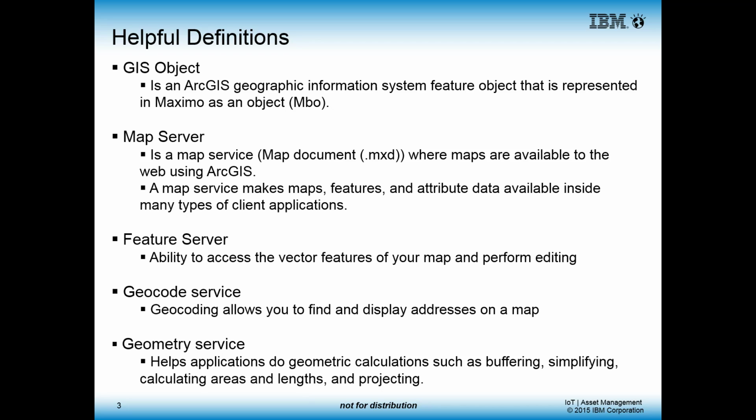I'll give you a few seconds to read them. Okay, let's move forward. A lot of these definitions are actually from Esri, ArcGIS Esri definitions, except for the first one. That is ours. The GIS object is ours.